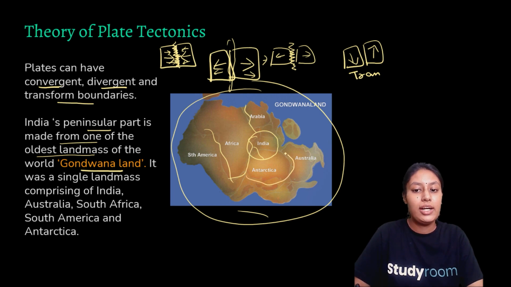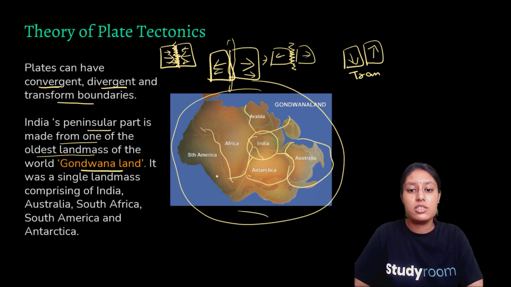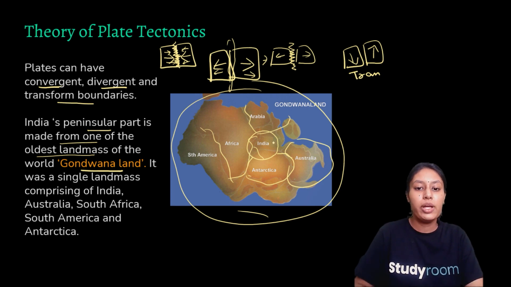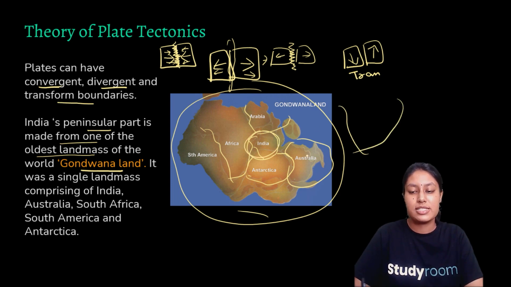Now Antarctica no longer shares a boundary with India, right? Australia does not share a boundary with India. The Arab side, South Africa, or America do not share boundaries with India. But there was a time when all the peninsular part that we have today, the triangular part known as the peninsular part, was together.